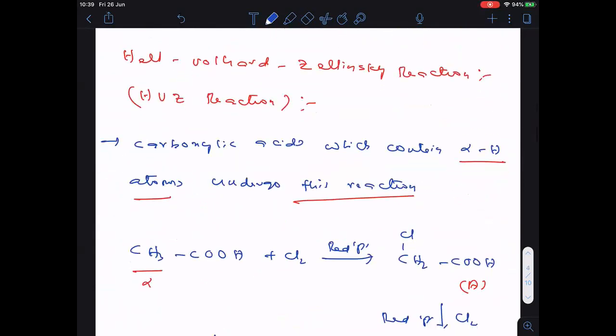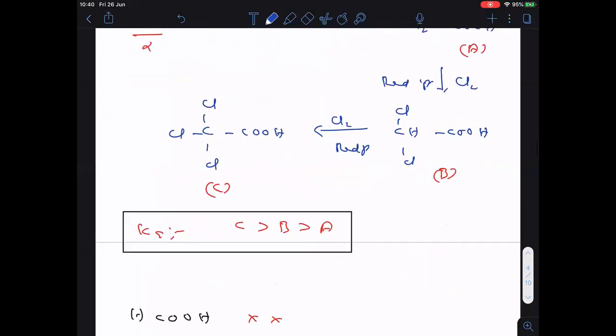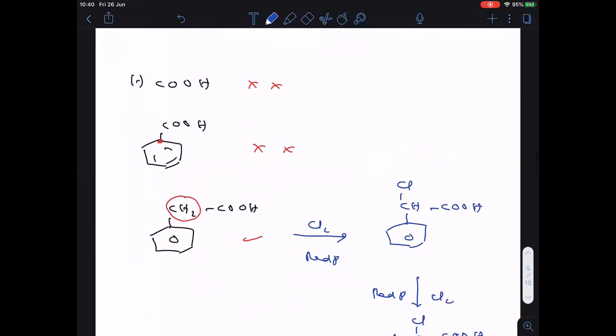Now the HVZ reaction. Here some examples were given for the HVZ reaction.